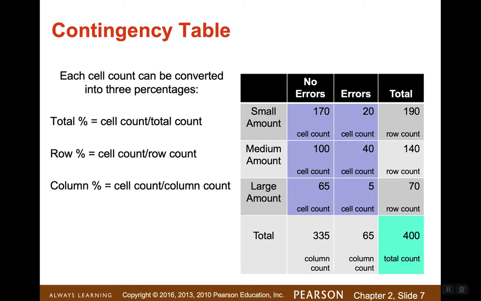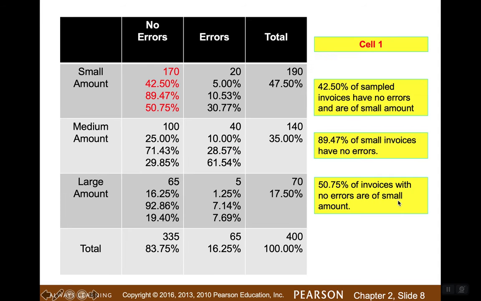The row percentage, which is the cell count versus the row count. And then the column percentage, which is the cell count versus the column count. So what we see here, we have our total count here. This is our column count, one for each column. Here are our row counts. We have three of them, one for each row. So we'll do this as a calculation, say for example right here: small amount, no errors.